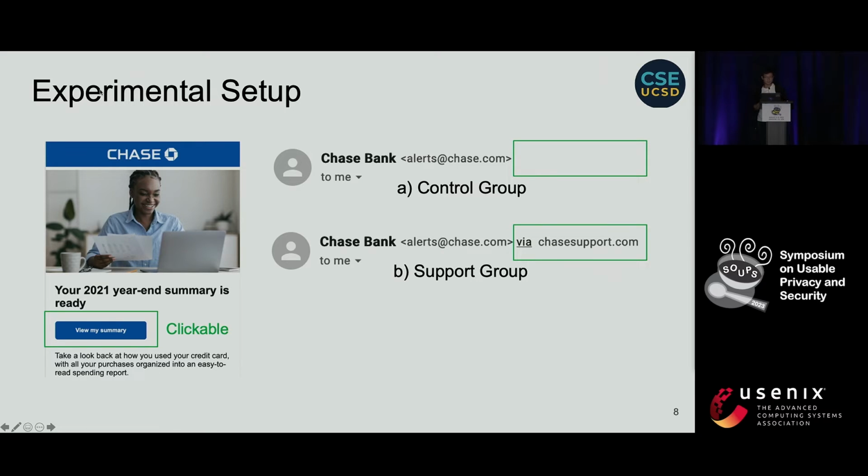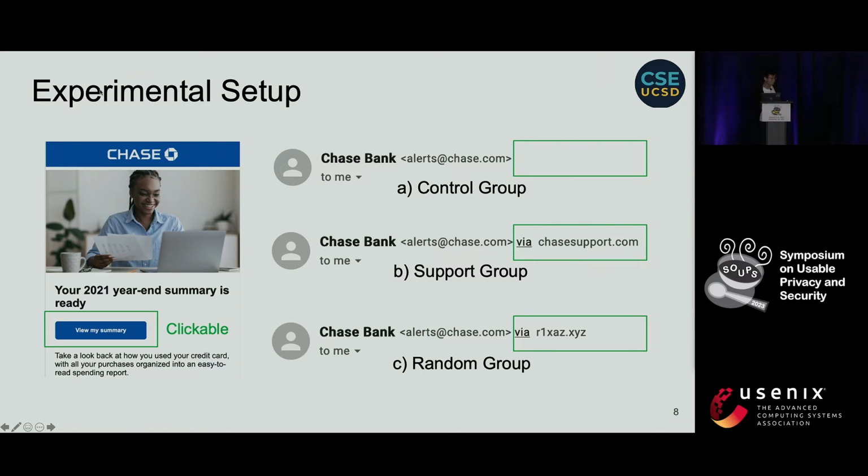The goal here is to simulate a case where the via domain at least looks familiar to the users. And lastly, the last group of users see a via indicator that says via R1xaz.xyz. This random looking domain is to simulate a case where the via domain is not familiar to users.